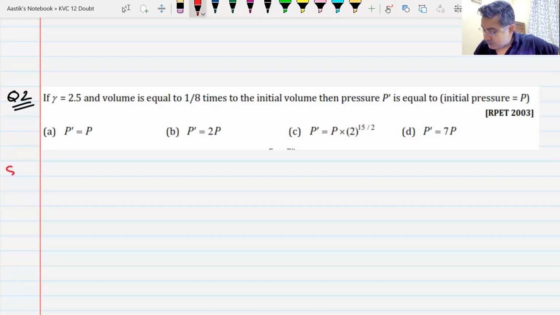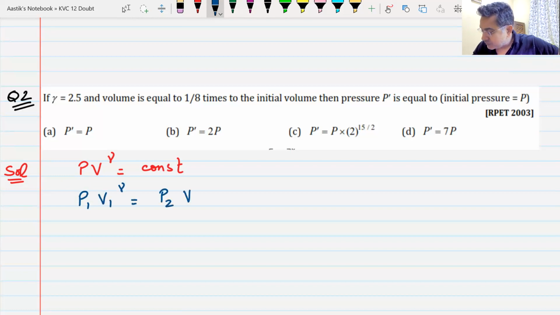Just have to apply one of the formulas that we have done: PV to the power gamma is equal to constant. If you are scared of writing the ratio, what I do is write it this way: P1 V1 raised to the power gamma is equal to P2 V2 raised to the power gamma, so that I do not make a stupid mistake.